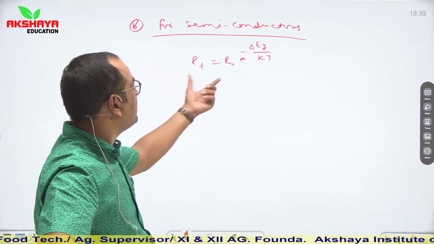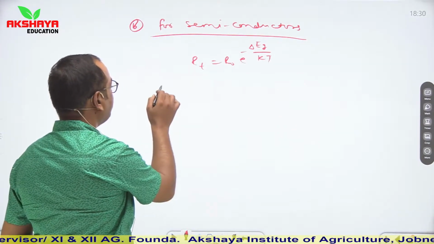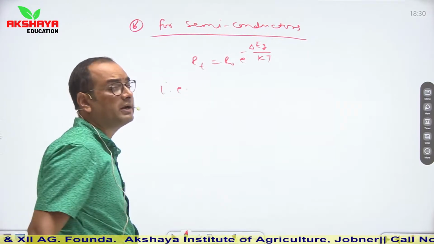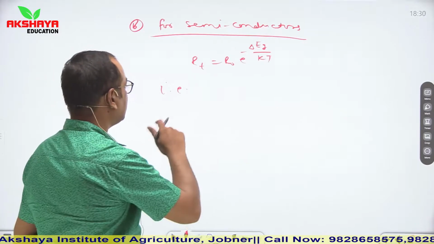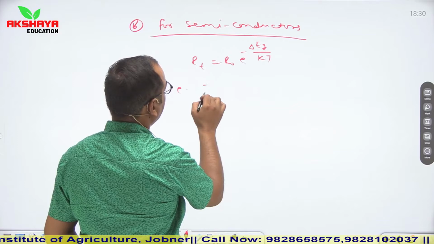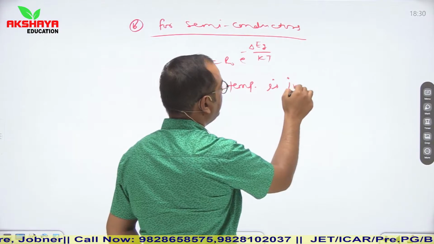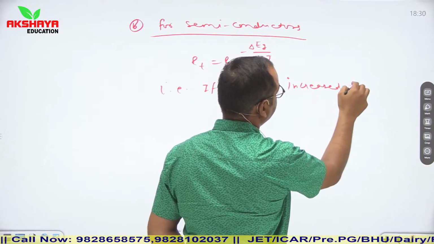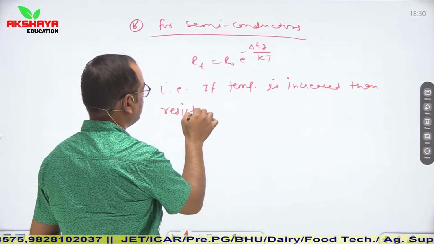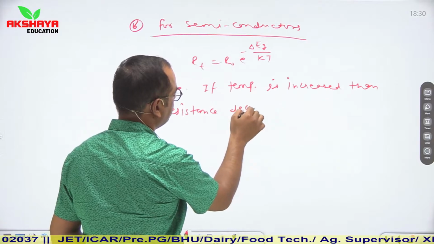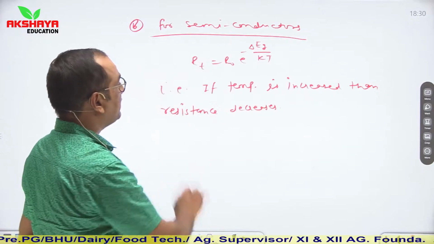It means resistance depends on temperature exponentially, or we can say that in case of a semiconductor, if temperature is increased, then resistance decreases. So this is the relation of temperature and resistance here.